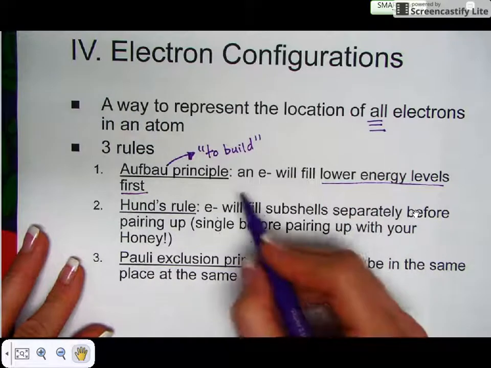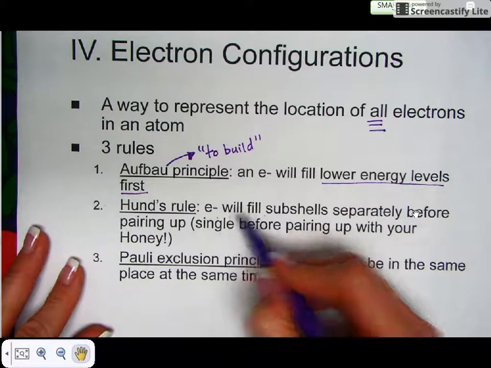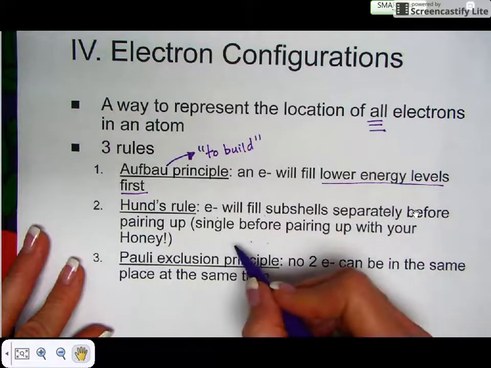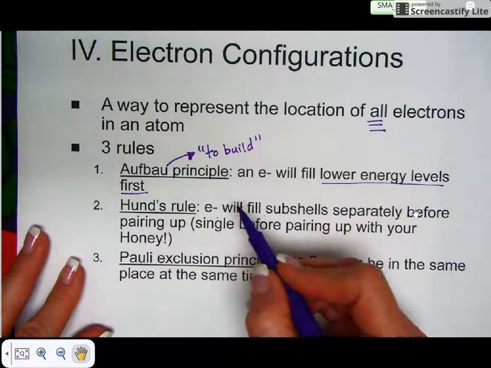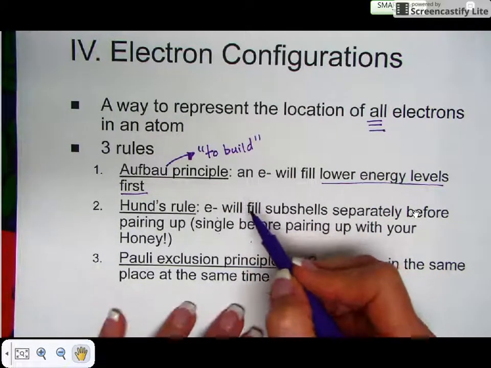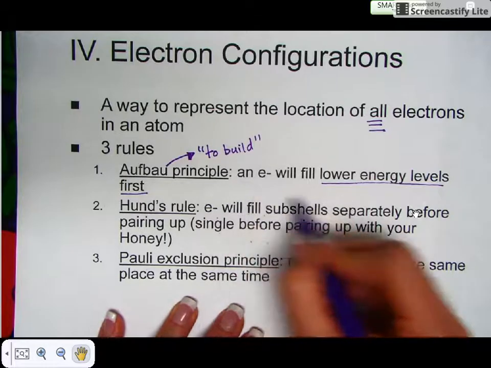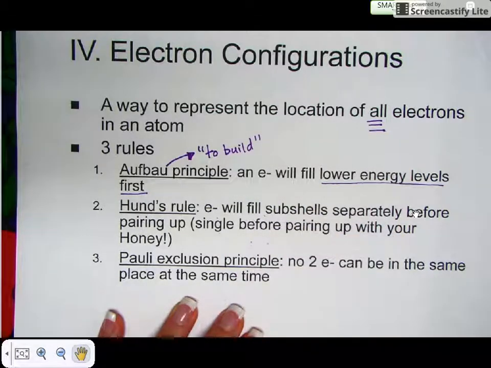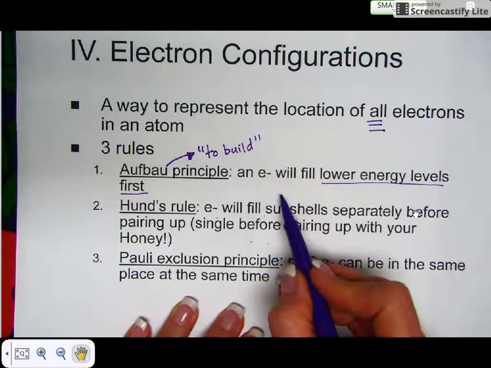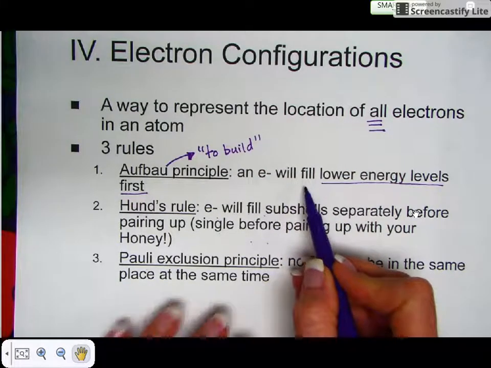That means the first energy level has to be full before you go to the second energy level. And the second energy level must be full before you go to the third. It's just like if you were building a house, you have to build your foundation first.